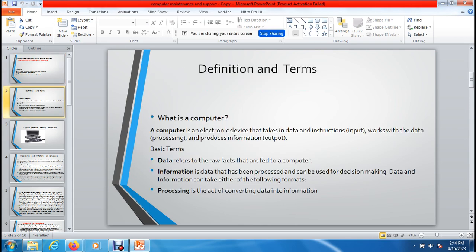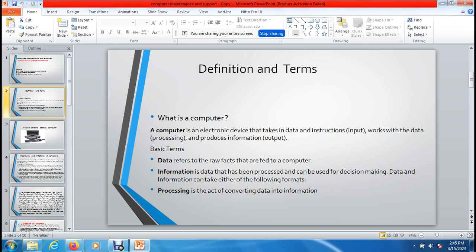We define computer terminologies, and we will start with the computer, whereby a computer is an electronic device that takes in data and instructions as input, works with the data, also known as processing, and produces information as output.